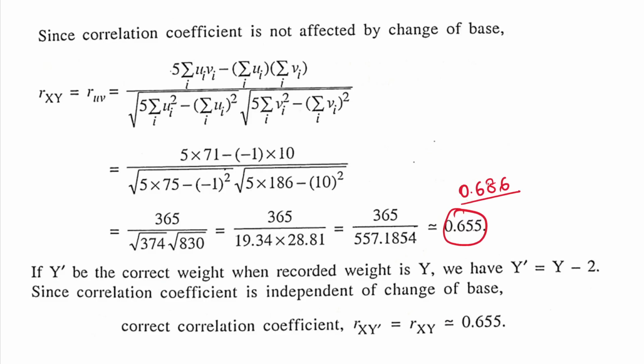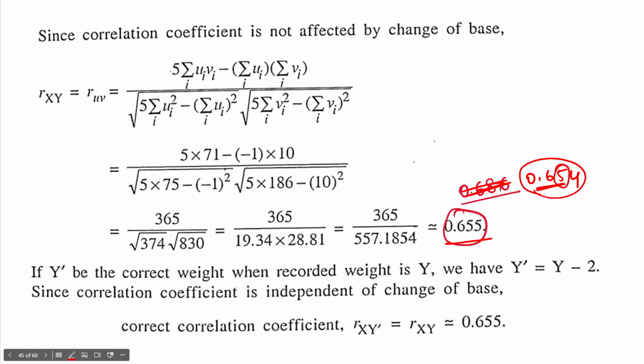Let me take the example like this: say you are getting the value 0.654 and the actual value is 0.655. It doesn't matter actually. At least maintain up to 2 digits for this case, because here it is 0.65.